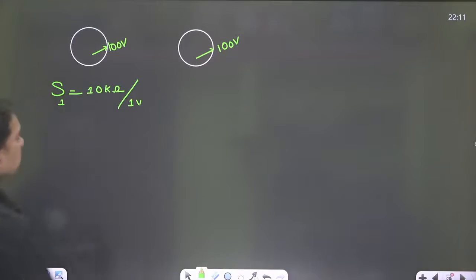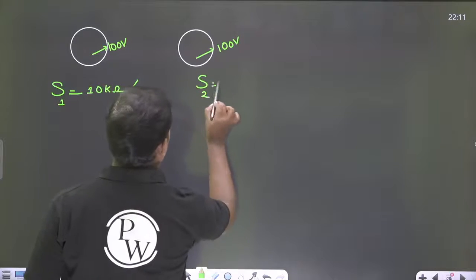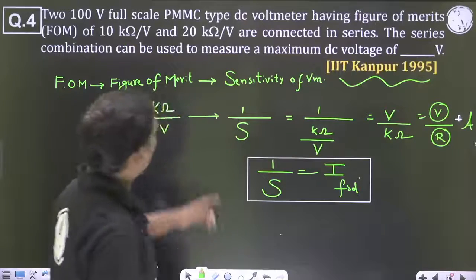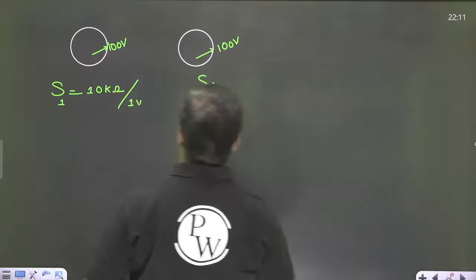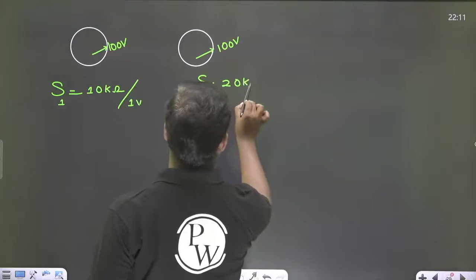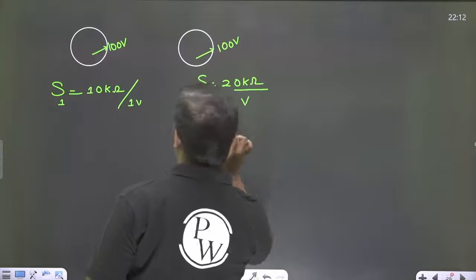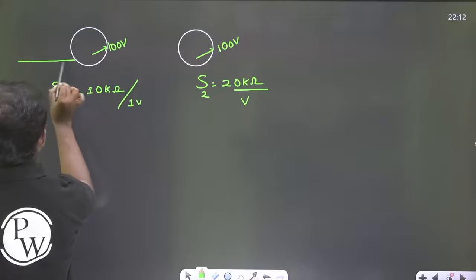Sorry, S2 is 20 kilo ohms per volt. Both are connected in series.